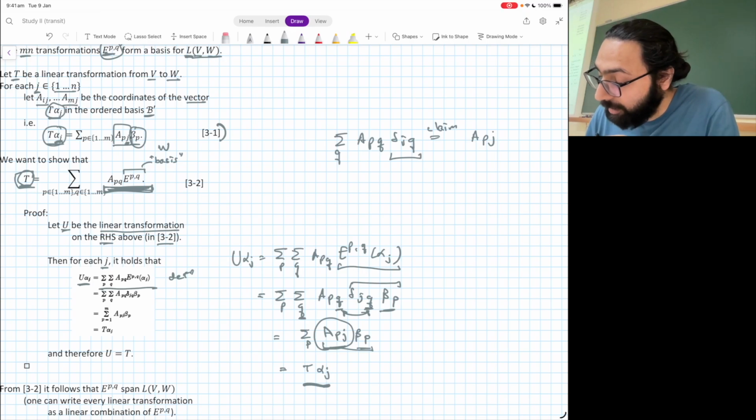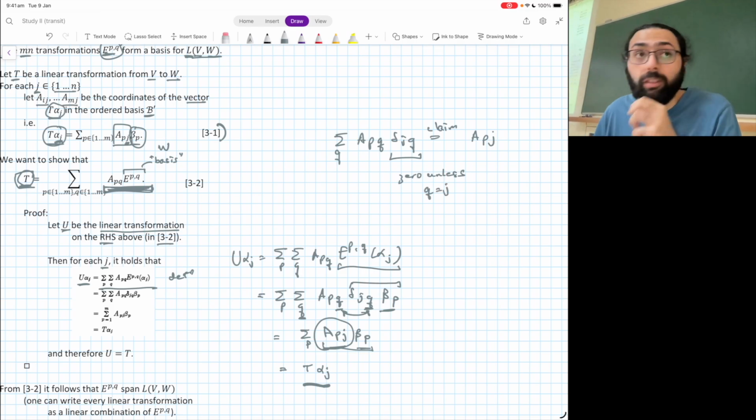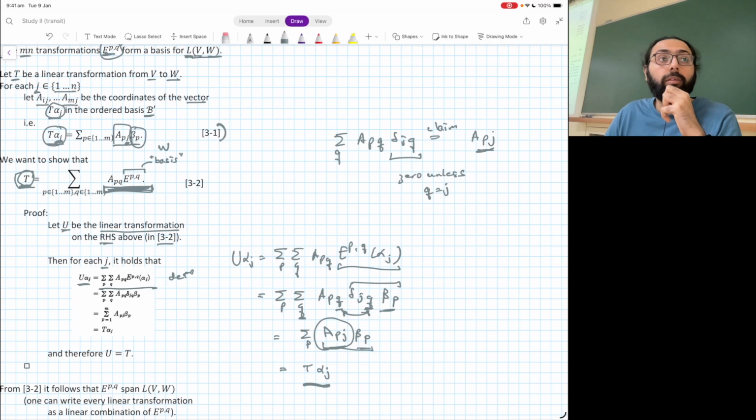This object is 0 unless Q equals J. So when you expand the sum, the only terms that contribute are the ones where J matches Q, and it would be exactly 1. So that's all we did: going from here to here, we used the sum over Q, and we noted that the only term that would contribute is the J term. That's all.